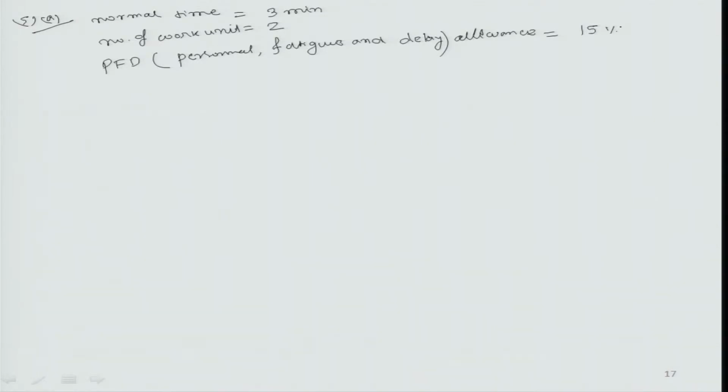Now we have to calculate the standard time per piece. You have studied the formula for standard time.